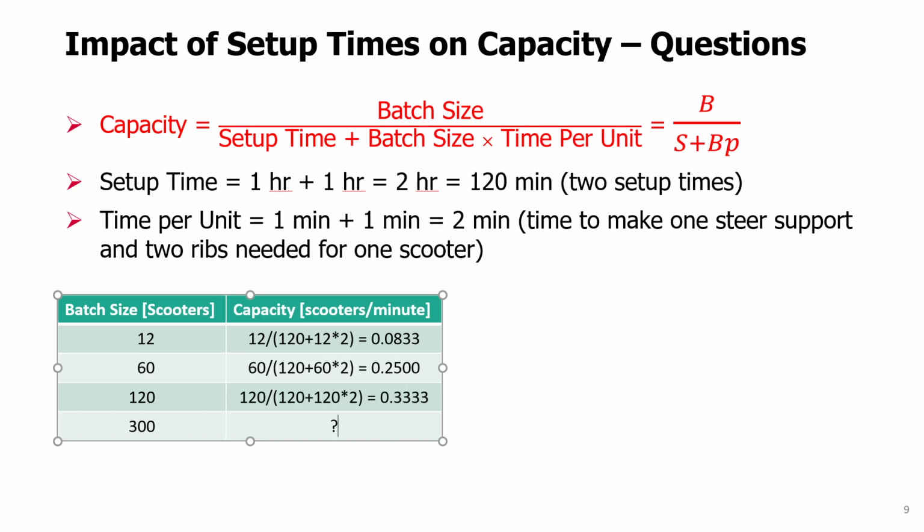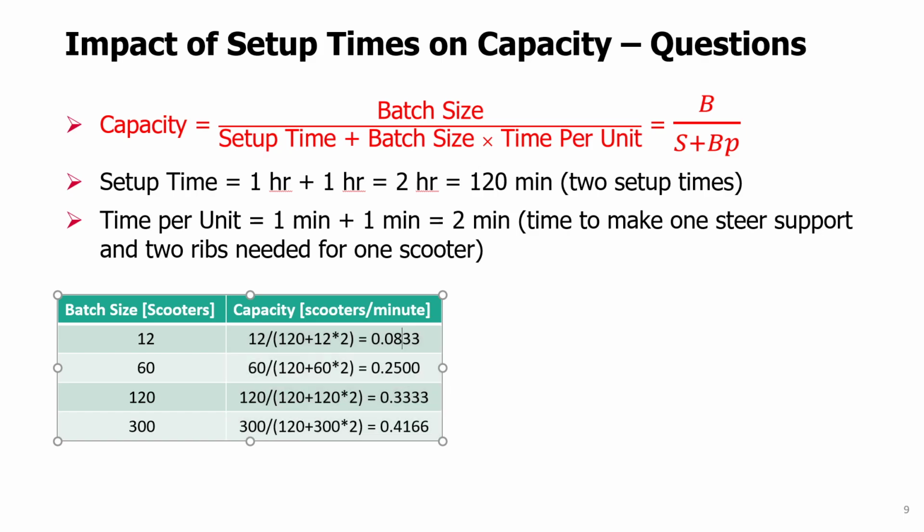And the last one, it's 300 divided by 120, again, setup time is the same, and here 300 times 2, that will be equal to 0.4166.